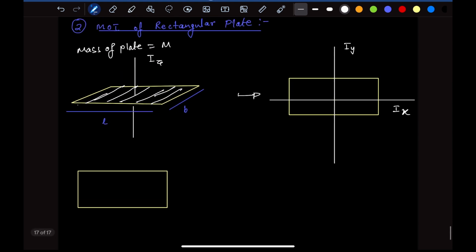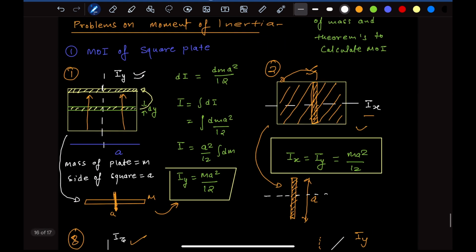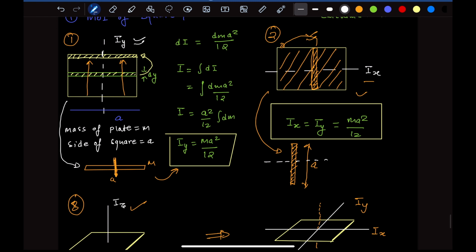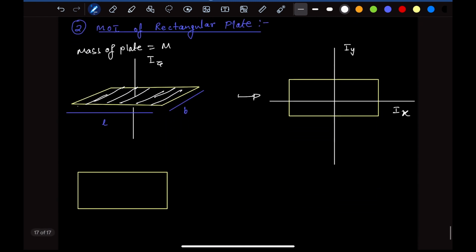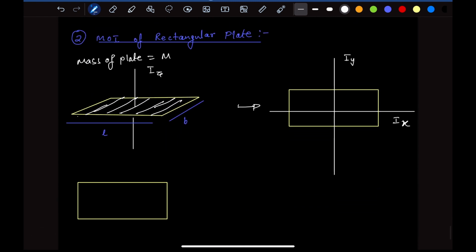So the method that we used for the square plate, the same method we are going to use for this rectangular plate, right? Just think, can you directly give me the answer? What would be the answer? Will it be m times l square plus b square divided by 12?